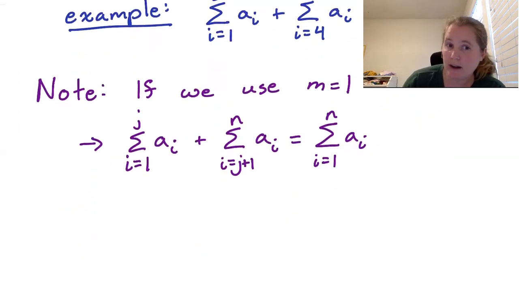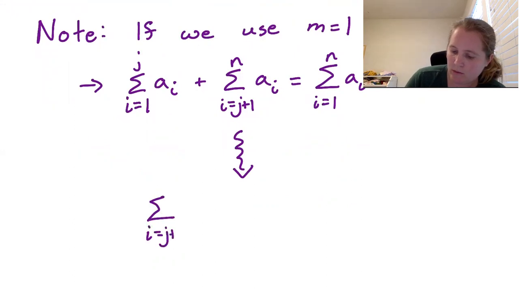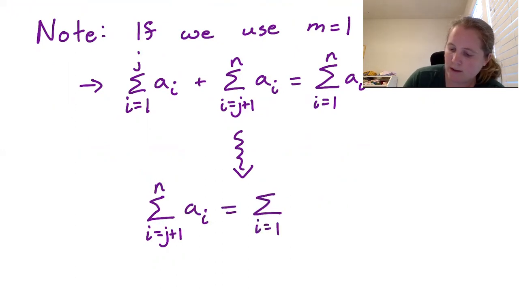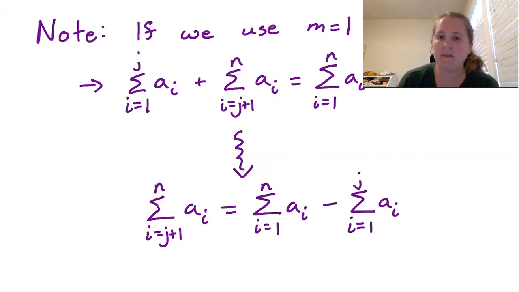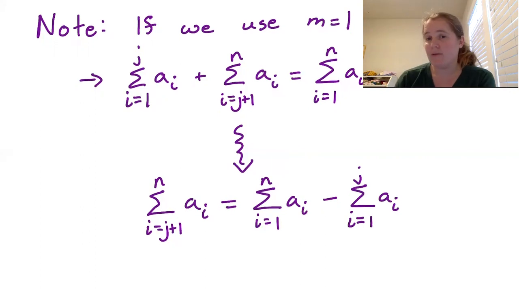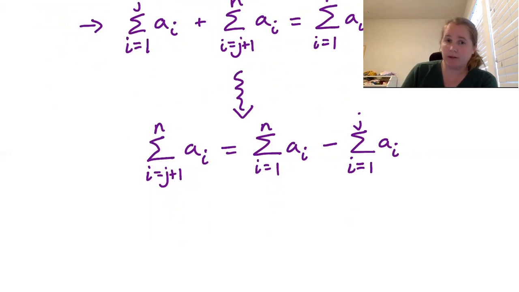And if we subtract that summation from 1 to j, this is equivalent to saying that the summation from i equals j plus 1 to n of a sub i is equal to the summation from i equals 1 to n of a sub i minus the summation from i equals 1 to j of a sub i. So this will let us find some partial summations where we start at something other than i equals 1.